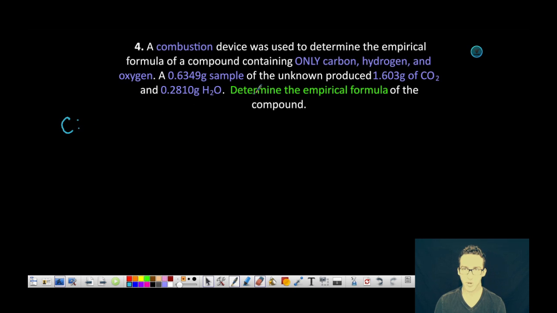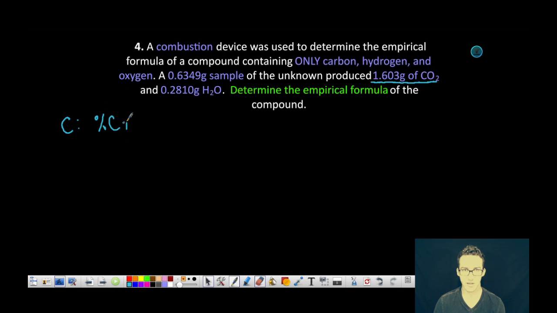Now, as you look at the problem here, we're only making carbon dioxide and water. So in our products, the only place that we see carbon is in the carbon dioxide. So we're going to determine how much of this 1.603 grams of carbon dioxide is carbon by doing a percent mass calculation.